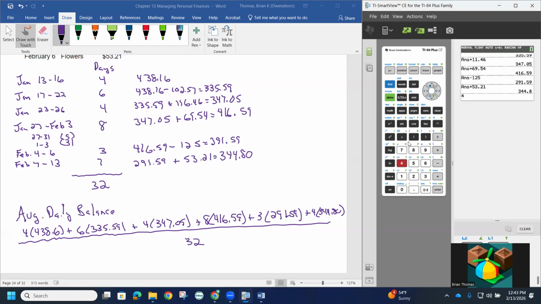So we have this 4 days at 438.16. And then we're going to add to that 6 days at 335.59. And then we're going to add to that 4 days at 347.05.